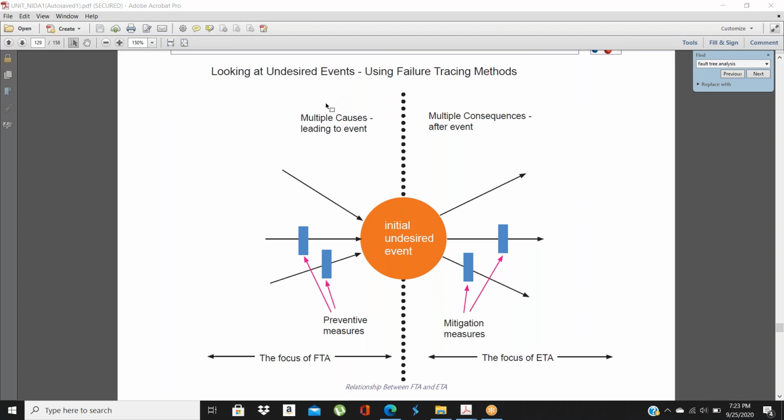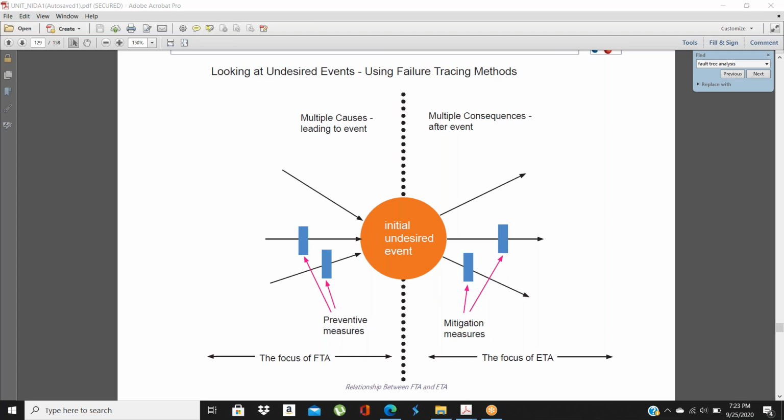Now understand, these two terms should be remembered: fault tree analysis is used to identify the failure and event tree analysis is used to identify the consequences or the events after the accident. This study is used for preventive measures, and this is the mitigation.